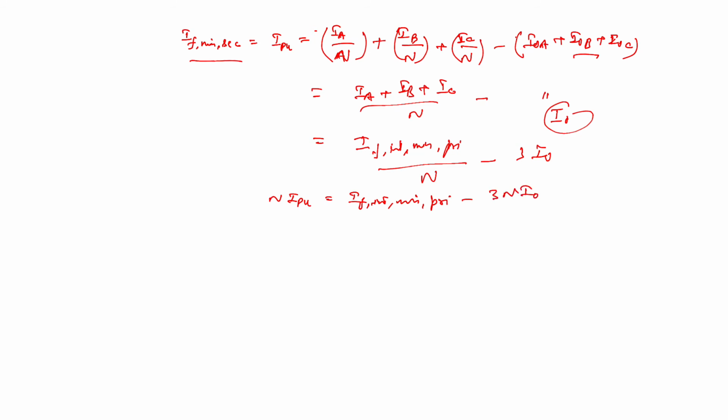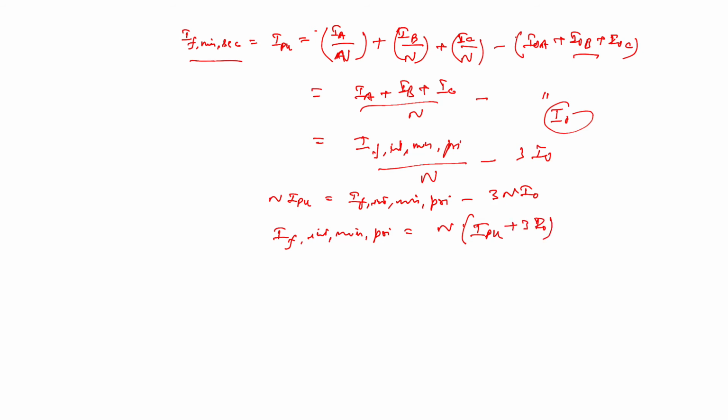Taking it to the other side, we get IF internal minimum primary equals N into I per unit plus 3 I naught.